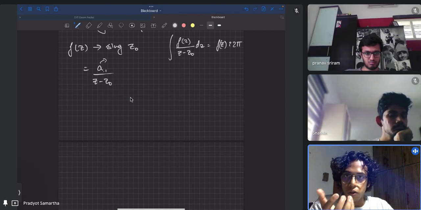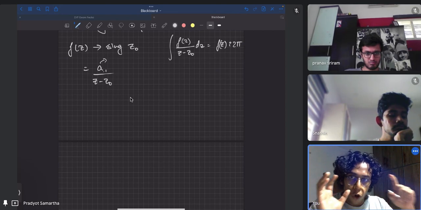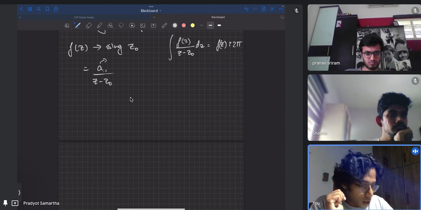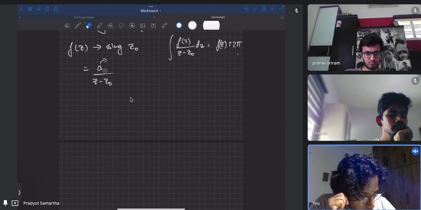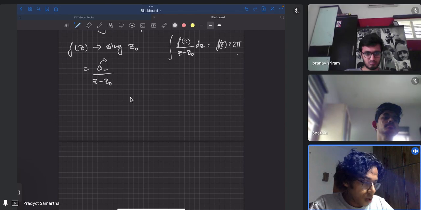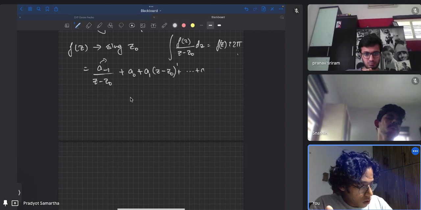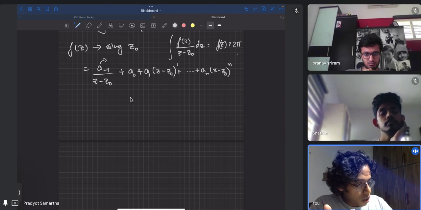Similarly, we are using the Laurent expansion to expand the complex function into an approximate polynomial. Let me write this clearly. This is a minus 1 over z minus z naught, which has a single pole, plus a naught plus a1 times z minus z naught to the power of 1, plus so on, a n times z minus z naught to the power of n, plus so on.